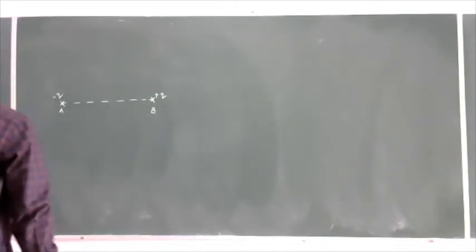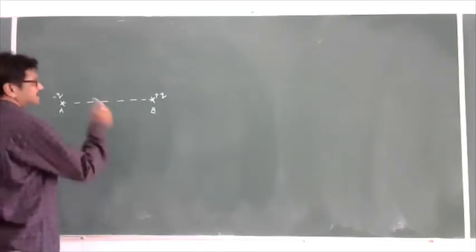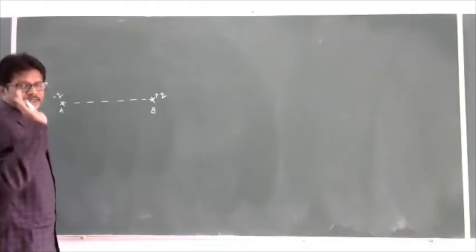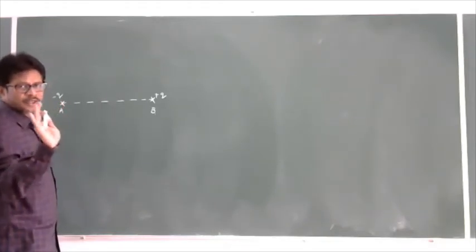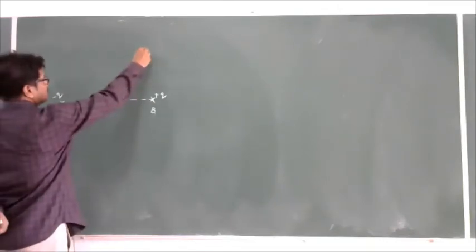Now I would like to find the electric intensity at a certain point. That point is neither on the equatorial line nor on the axial line. It is somewhere here.